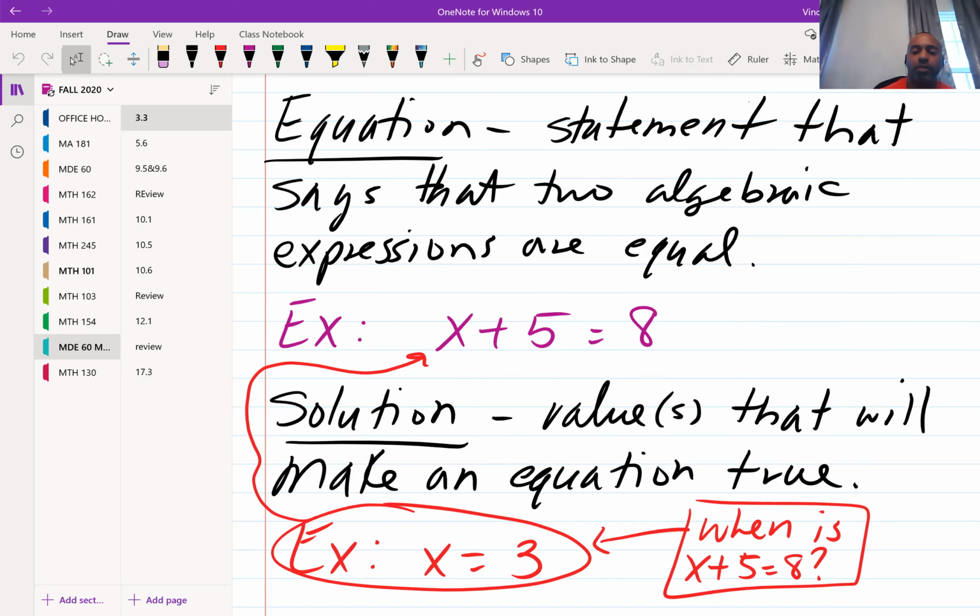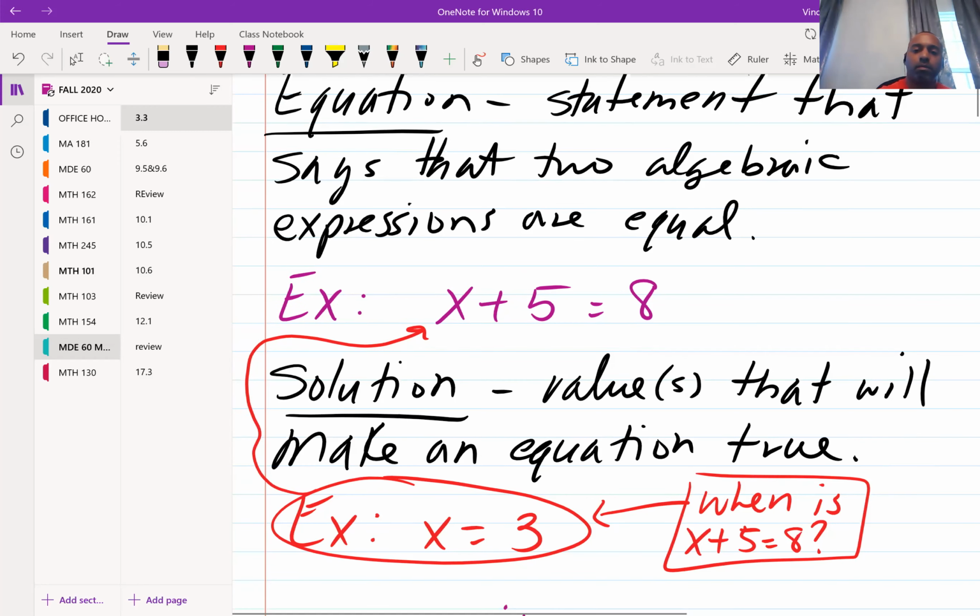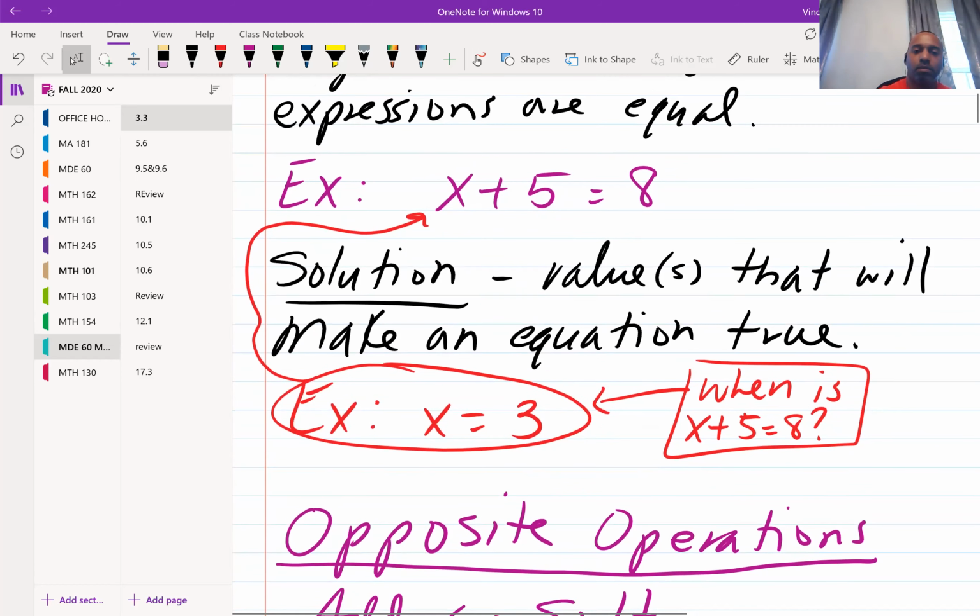You're answering this question: when is x plus 5 equal to 8? That's when x is equal to 3.